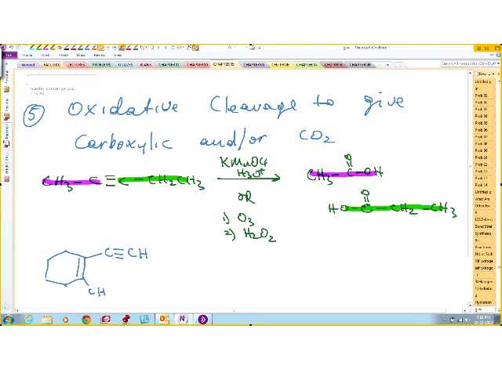Based on what you know now, supposing I give you this molecule here, and I want to do ozonolysis or potassium permanganate, what do you think the product will be? Or you could do the same reaction with ozonolysis. What would be the product?